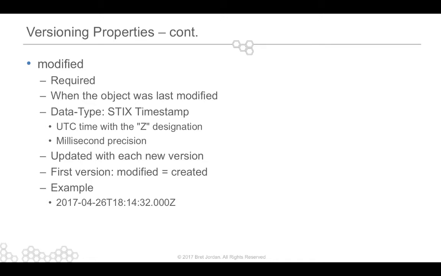When an object is updated or versioned, this modified timestamp must also be updated. It is important to note that for the first version of an object, the modified property will be the same as the created property. The modified property is one of 3 properties used in versioning. For more information, please see the video on STIX versioning.